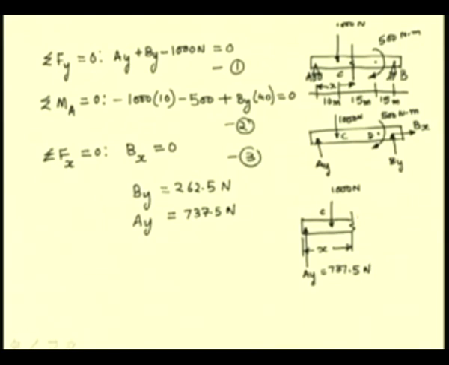The resultant of the internal forces at this section will be the shear force. We can see that since there are no horizontal forces, the axial force is 0.